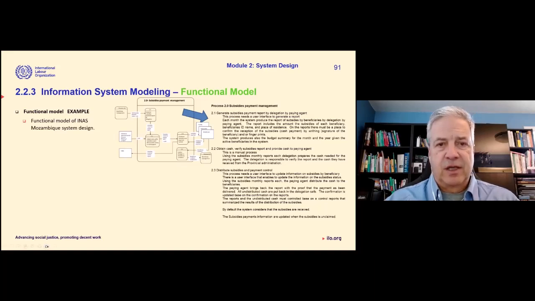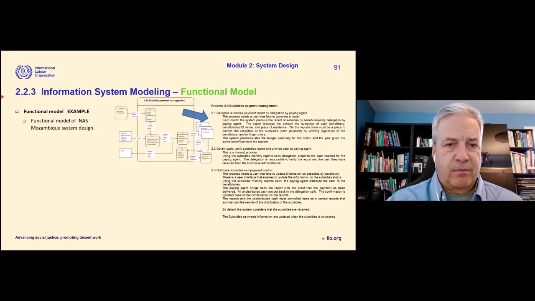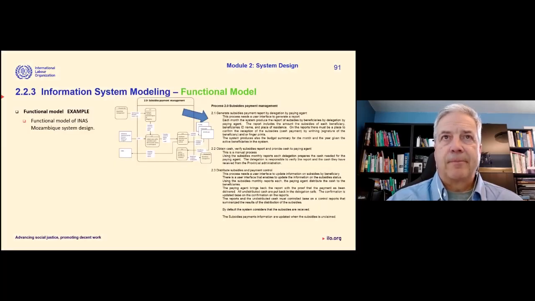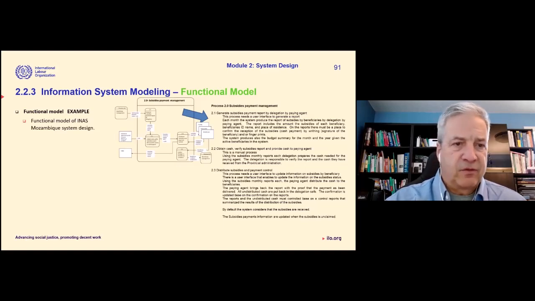So that way, the IT developer has a detailed understanding of what the system has to do. And so that concludes the functional model description. We have used the Mozambique system design that was done about 15 years ago.